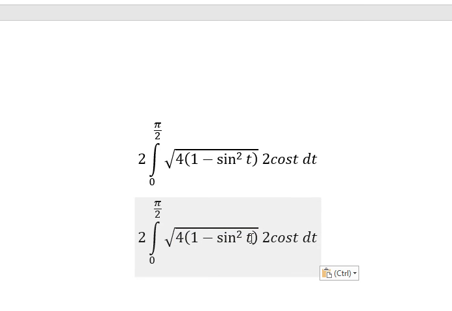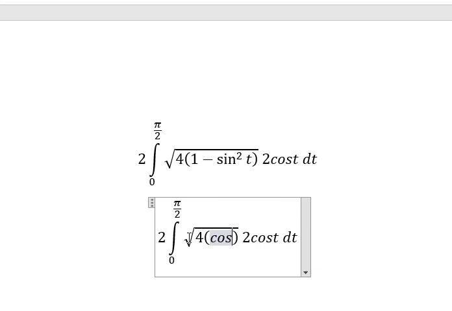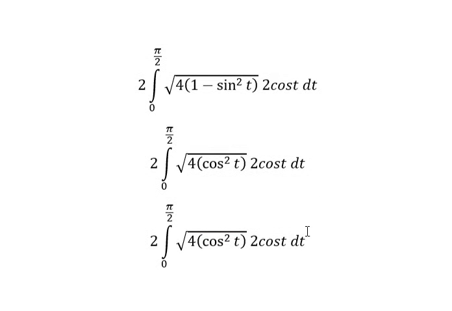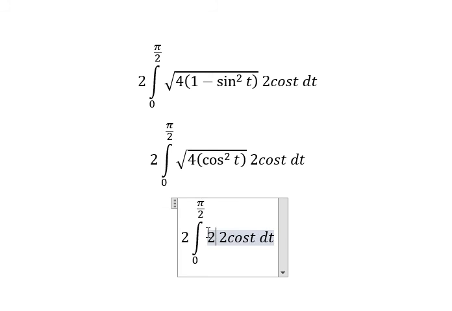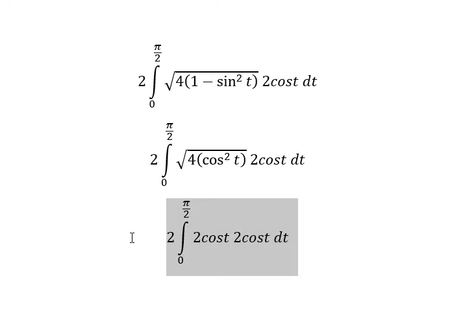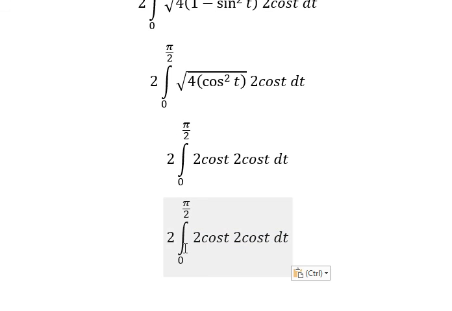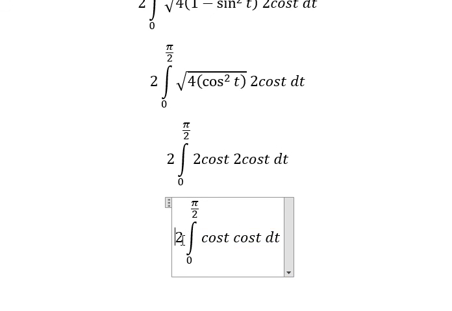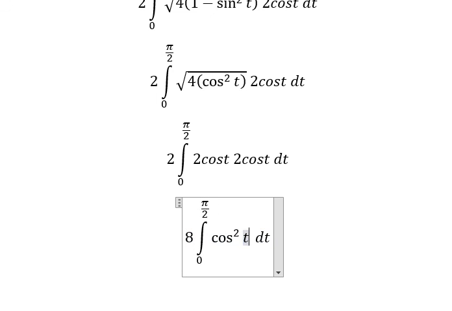One minus sine t squared, we get cosine t squared. And this one you get 2 cosine t. 2 and 2 you get 8. Cosine t and cosine t you get cosine t squared.